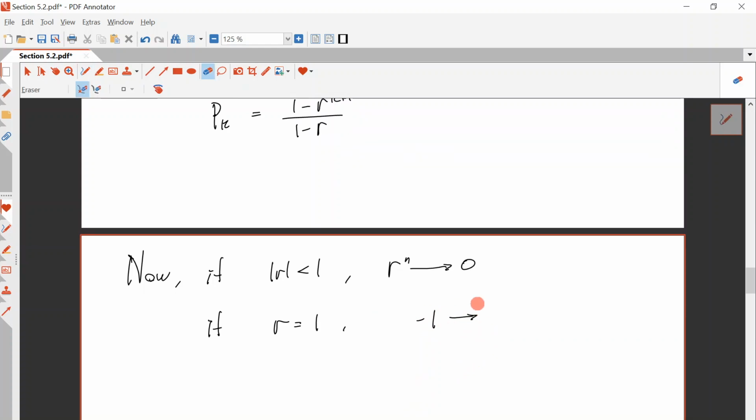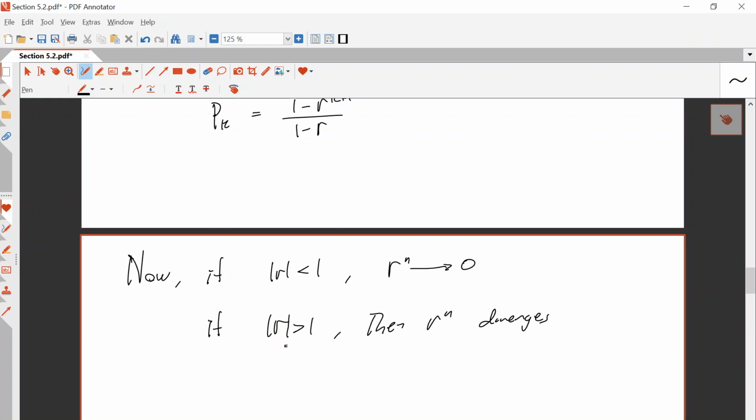Well, let me leave that one out. If r is bigger than 1, then r to the n diverges. It goes to infinity, or it diverges, especially if r is negative.